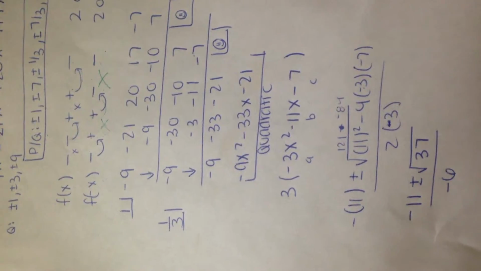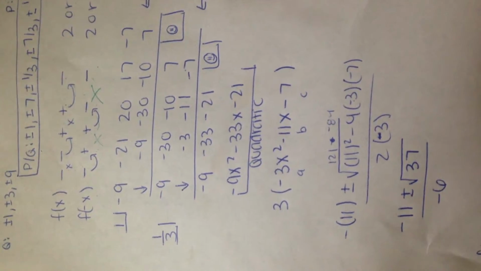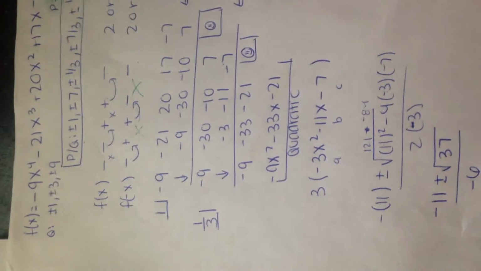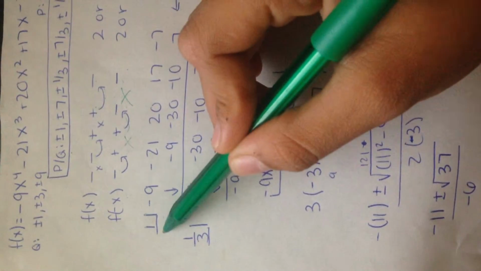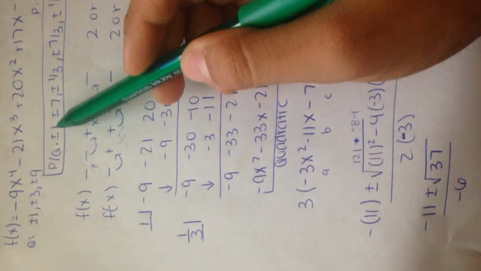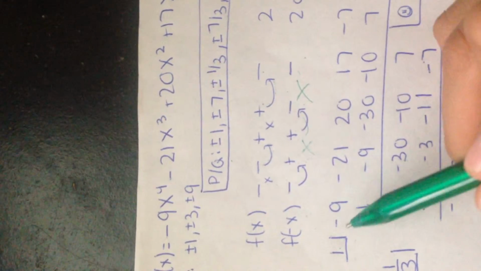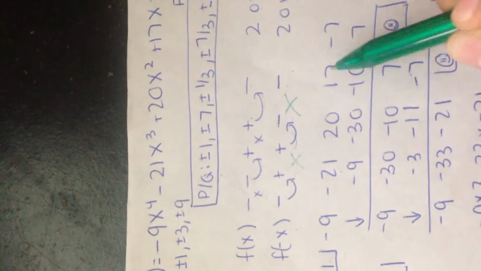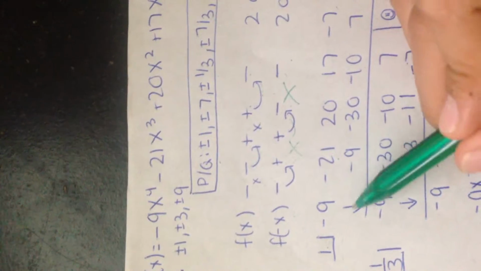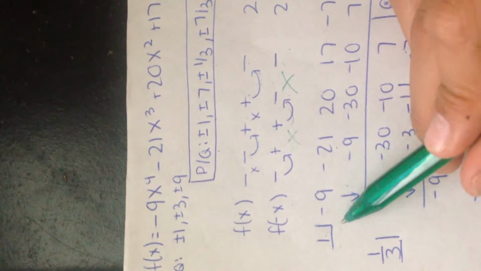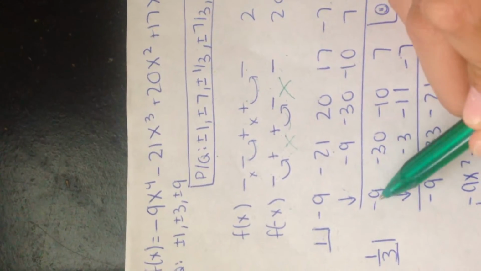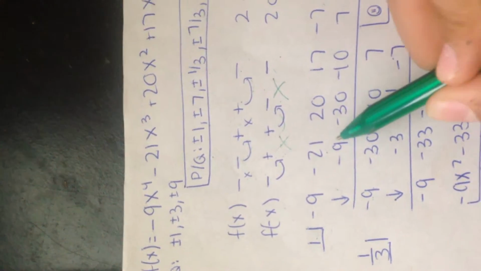Next step would be to use synthetic division. What we put inside the little box is one of our p's. So we'll just use 1, and we use our regular terms. So negative 9, negative 21, 20, 17, and negative 7. The negative 9 comes down. Negative 9 times 1 is negative 9.